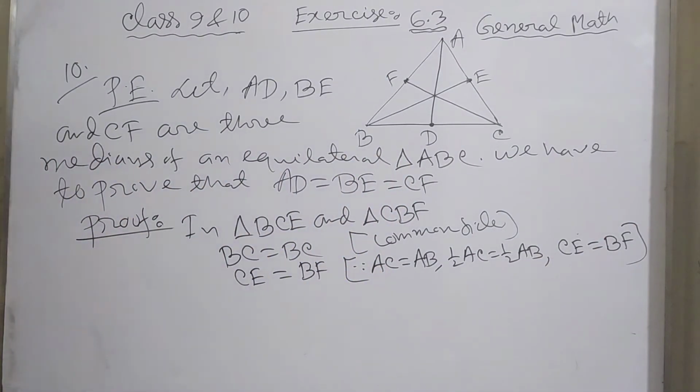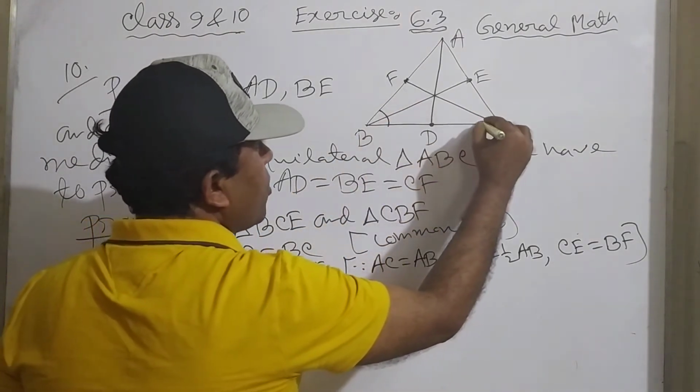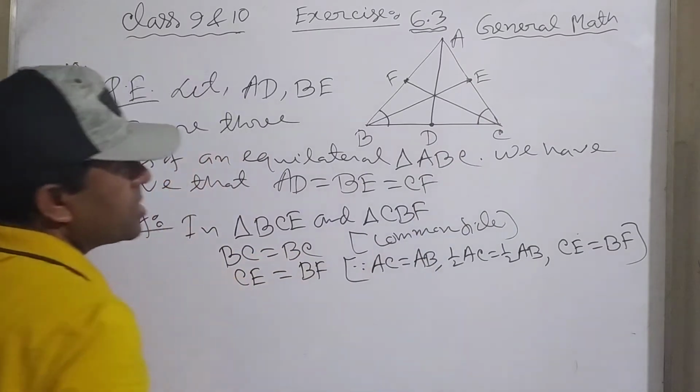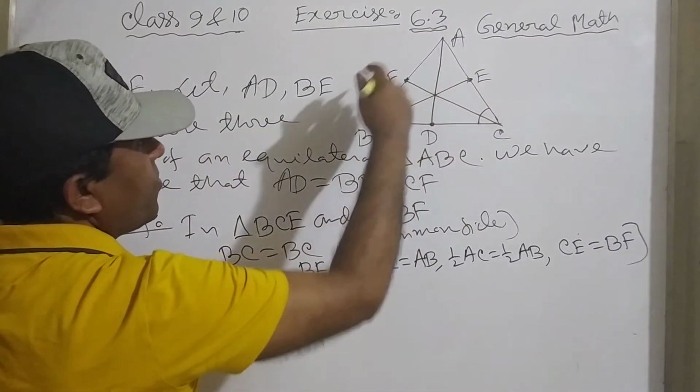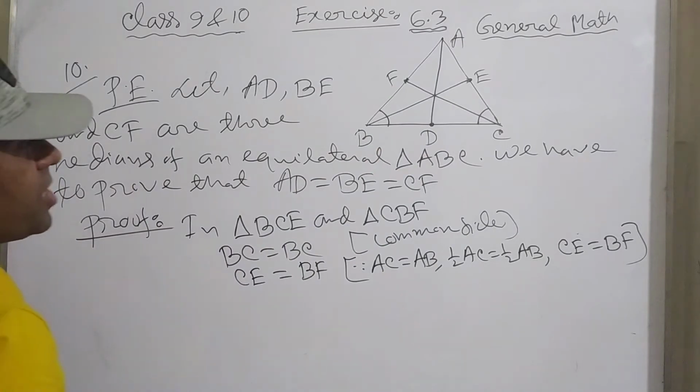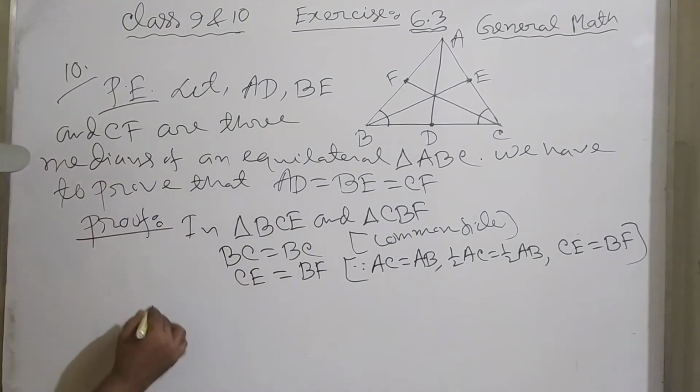So CE equals BF. Now the included angle: each angle of an equilateral triangle is 60 degrees, so all angles are equal.